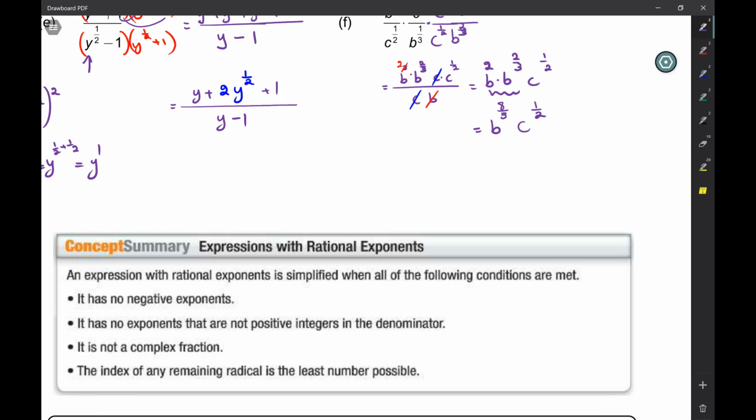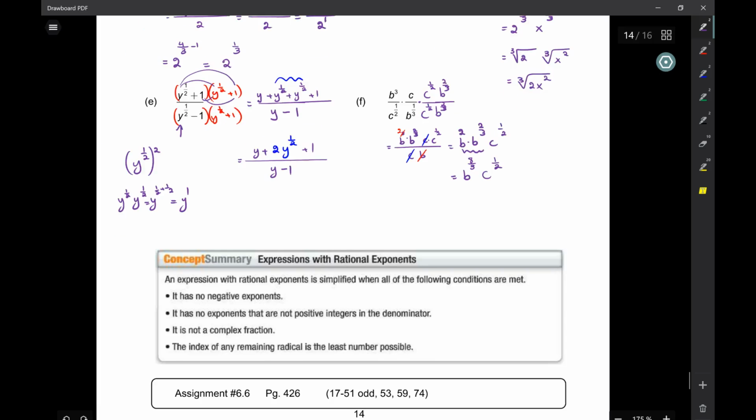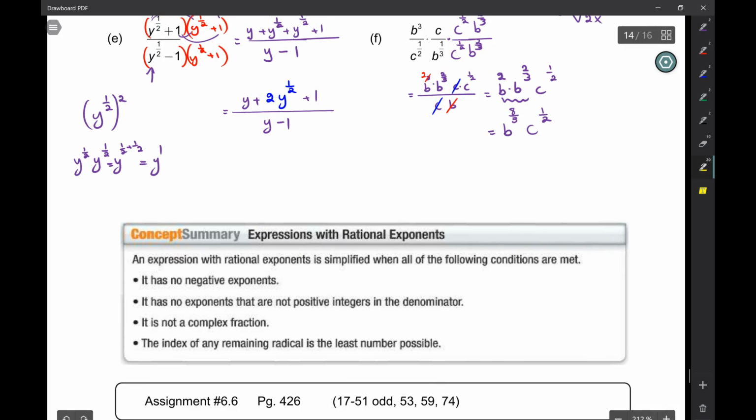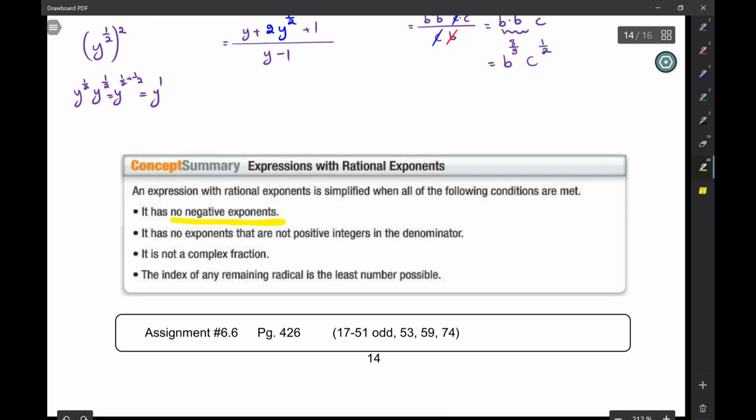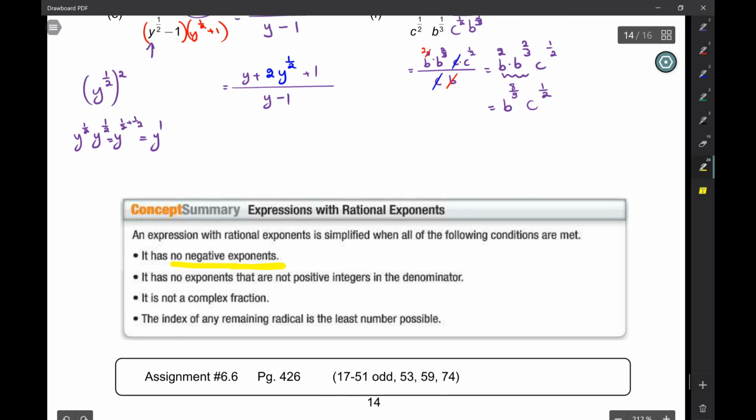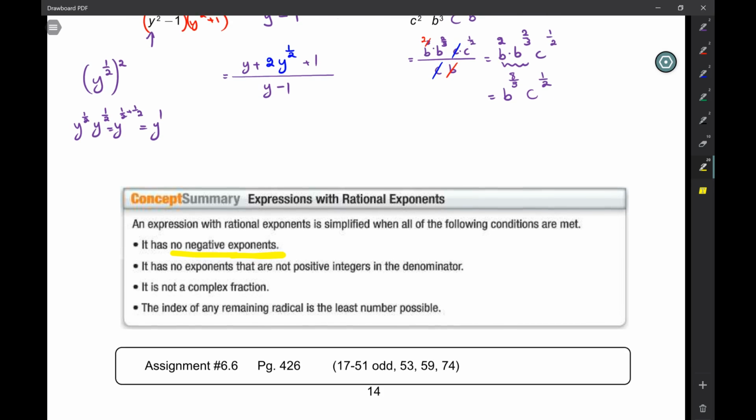Okay, so how do you know that you're done? These are the conditions. Basically, you know that it's simplified when there are no negative exponents, okay? You know you're done when you have no exponents that are not positive integers in the denominator.